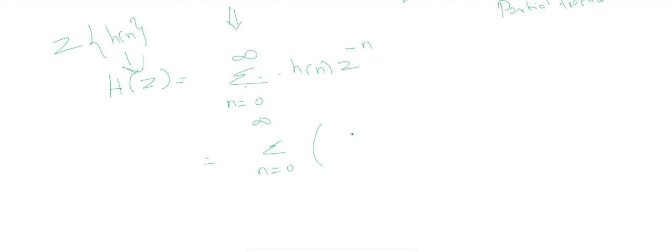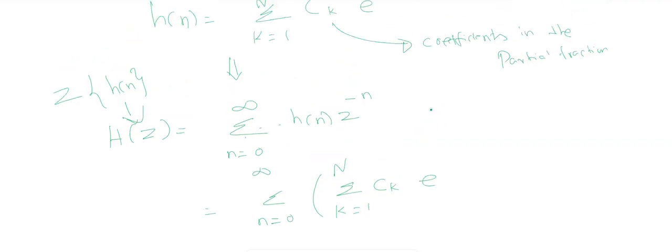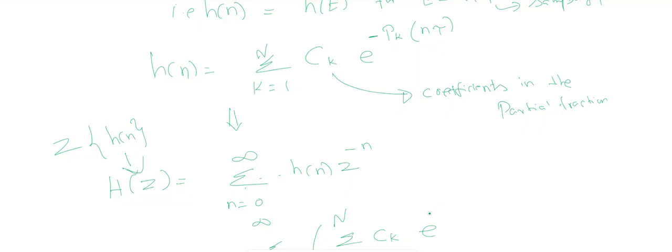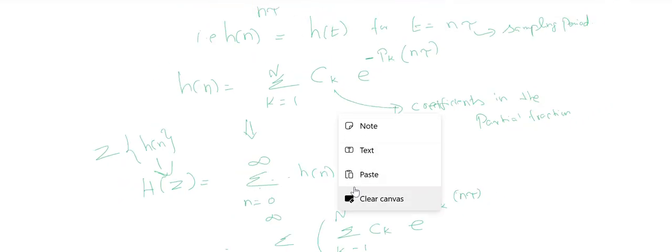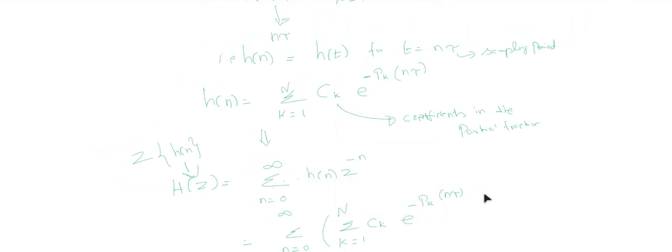So take h of z: the summation of k equal to 1 to N of ck into e power minus pk n T, where T is the sampling period, into z power minus n.